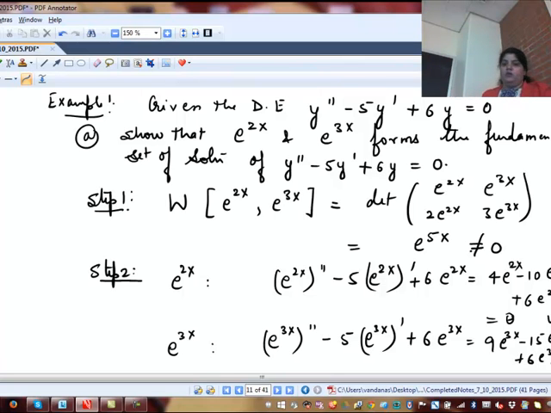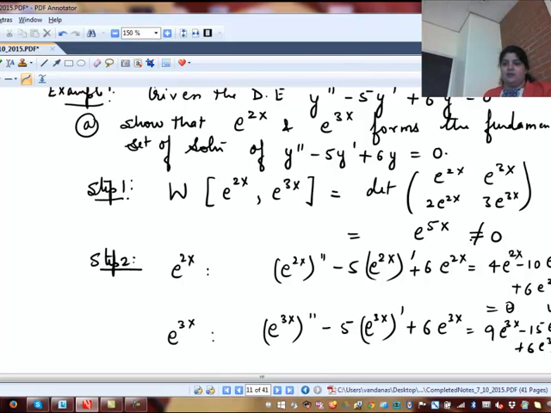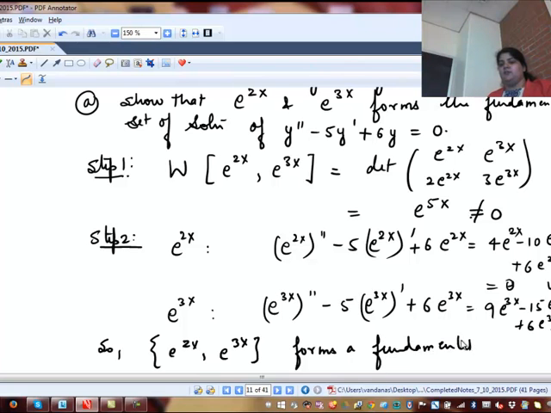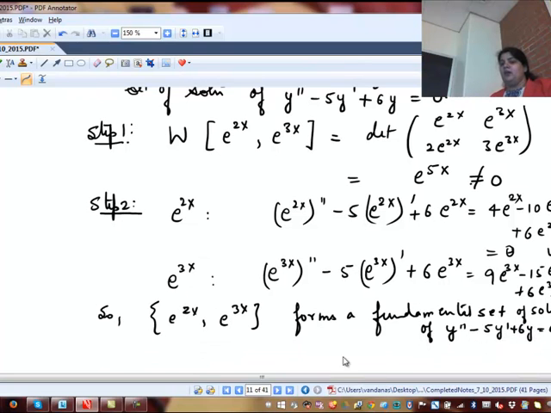Now, having this, I can say e to the power 2x and e to the 3x form a fundamental set of solutions of this y double prime equation.